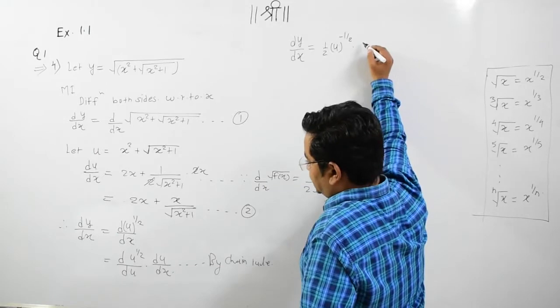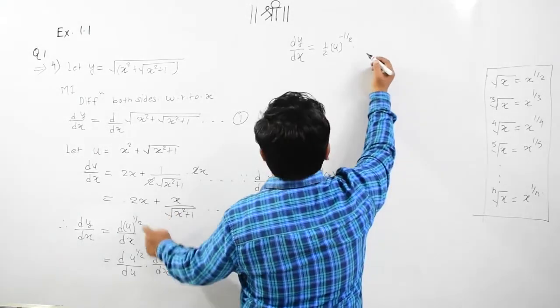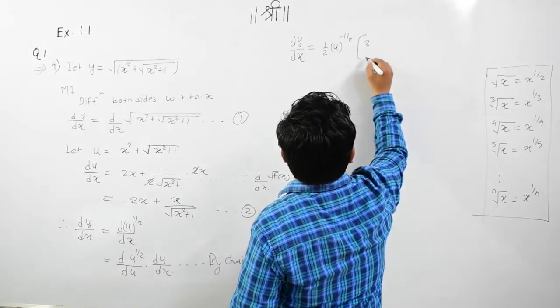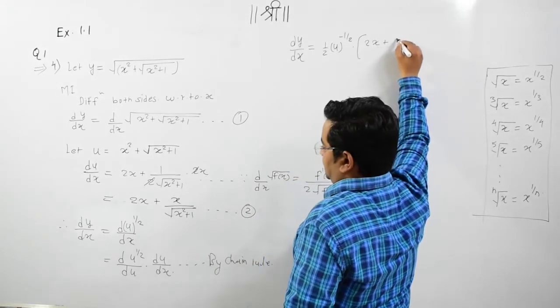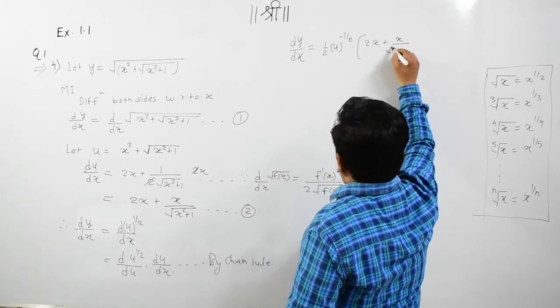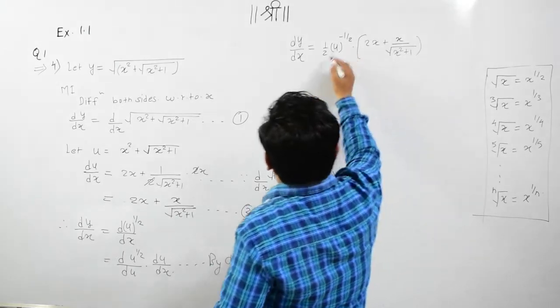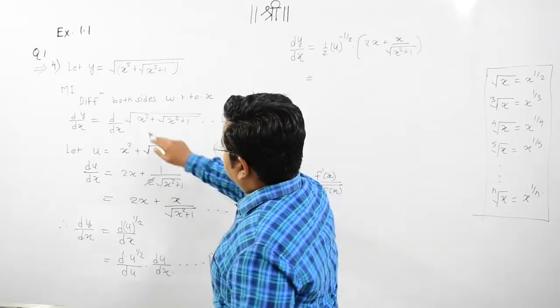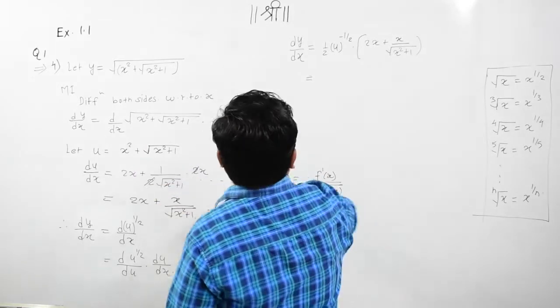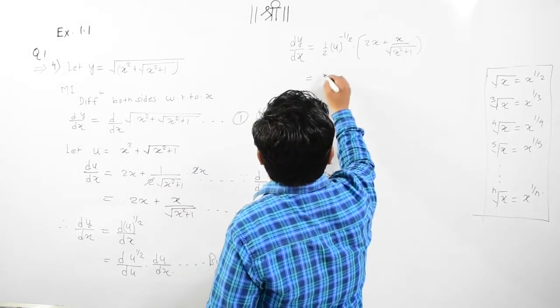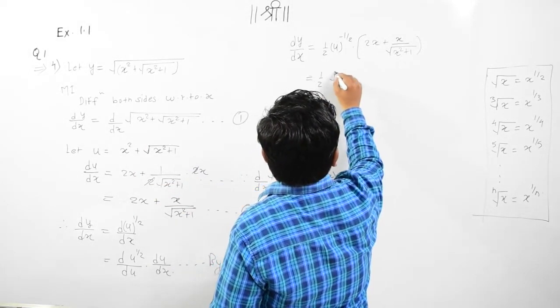So du upon dx is nothing but this quantity: 2x plus x upon under root x square plus 1, in whole bracket. Again, what is the u value? The u value is very interesting. It is x square plus under root of x square plus 1, raised to 1 by 2.